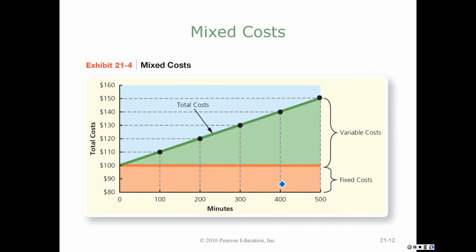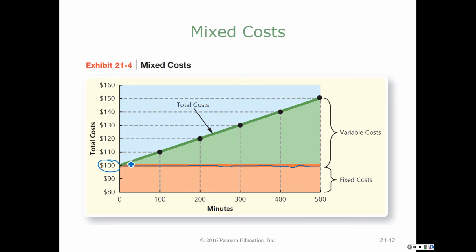When we put this into a graph, we can see now that, once again, remember our line here for our fixed cost. And so regardless of, this is using our telephone illustration, regardless of how many minutes we use, we're going to have our $100 base fee. So everything below this line are our fixed cost.